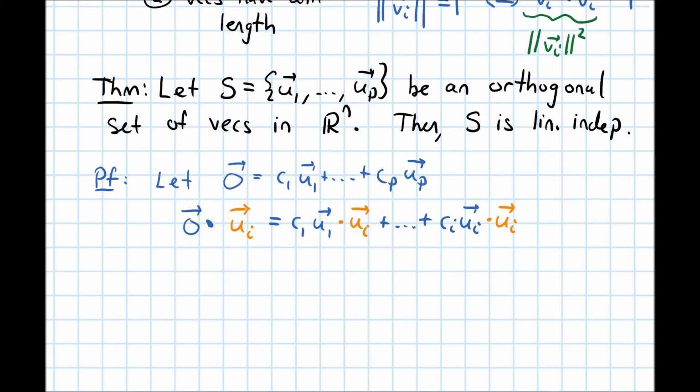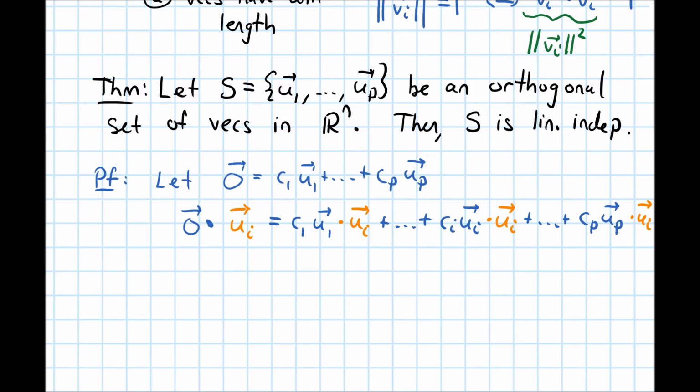And then I keep going until I reach the end, which is plus dot dot dot plus this last term, cp up, and that's also going to get dotted with u sub i. The reason why we're allowed to distribute this dotted with u sub i on the right-hand side is that it was one of the properties of the inner product that we talked about last time in section 5.1.